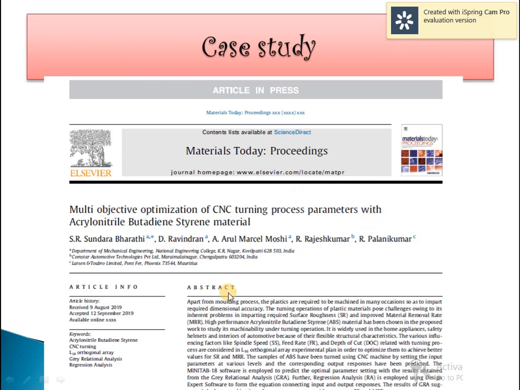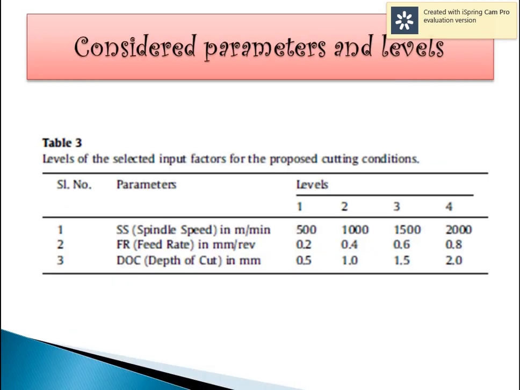This work is about optimizing various CNC turning process parameters for the material acrylonitrile butadiene styrene, ABS. In this case they have generated regression equations for the output responses with the aid of Design Expert software. To optimize the output responses, they considered 3 different input parameters with 4 different levels or conditions.